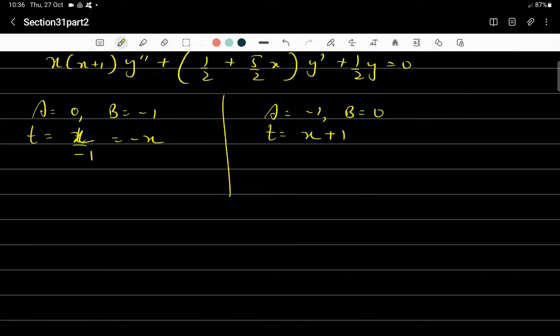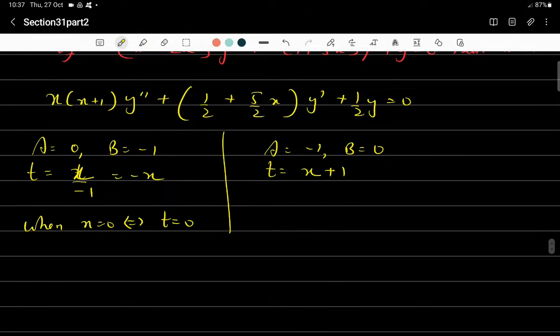The only observation is, if I am looking for the solution about x = 0, then when x = 0, your t is 0 and vice versa. It means when the given equation gets transformed into a hypergeometric equation, I have to pick the solution about t = 0.